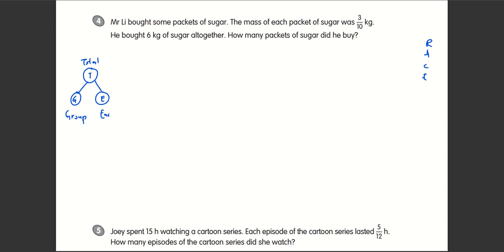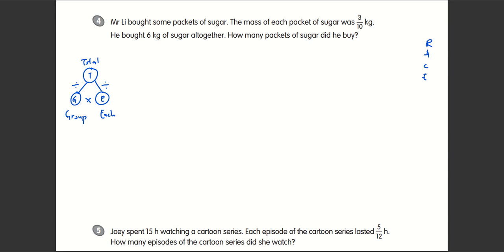This is something that we learned since primary 1 and 2, the multiplication and division relationship. When I want to find the total, I use multiplication. When I want to find each or find groups, we use divide. So that's one of the concepts that we learned since we were little.